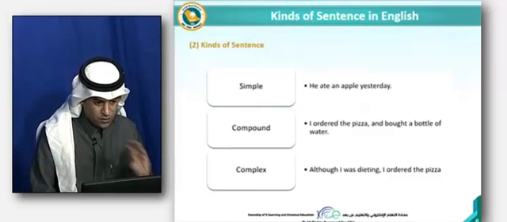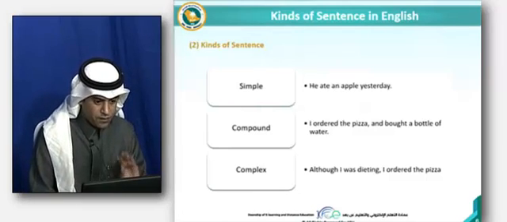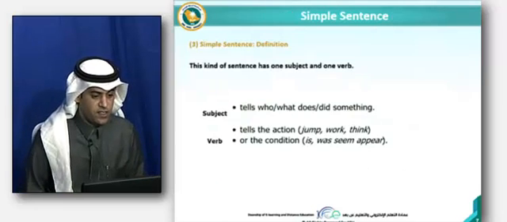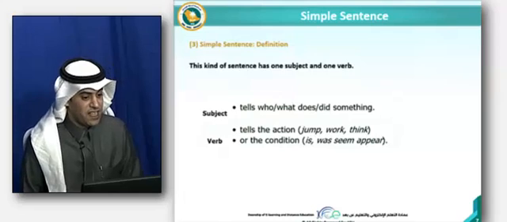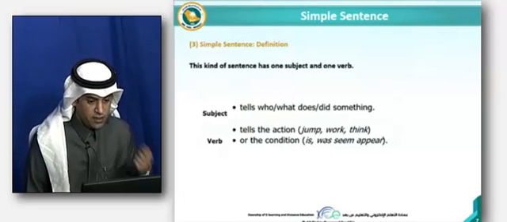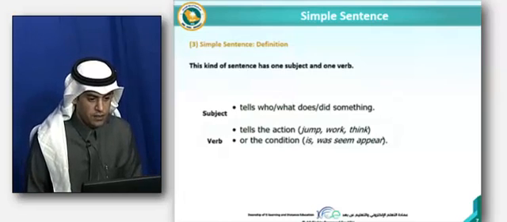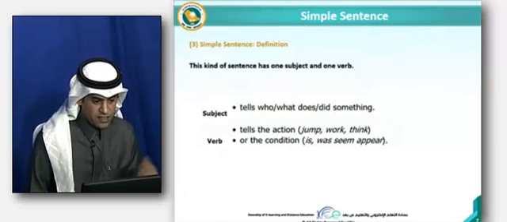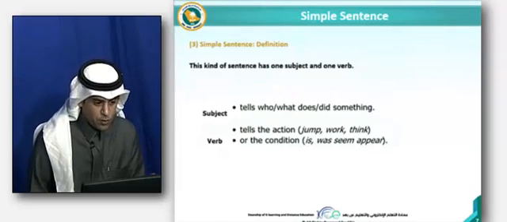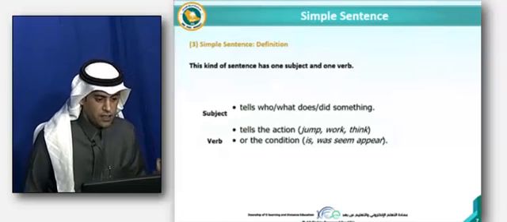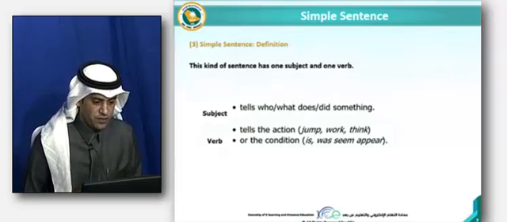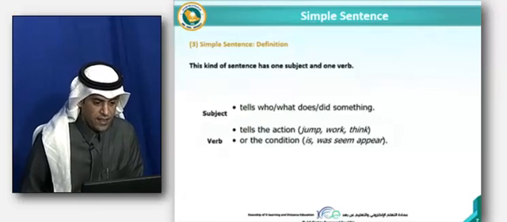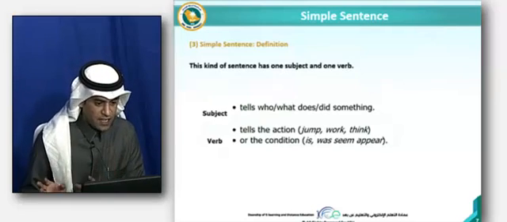So as I said, today I'm going to focus only on the simple sentence. What is this simple sentence? This kind of sentence has one subject and one verb. But before we get to the variations of this type of sentence, let's understand what we mean by subject. Subject is the doer of the action, the one or the thing that does the action.